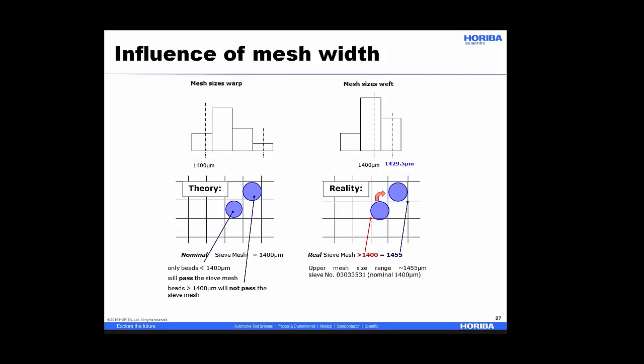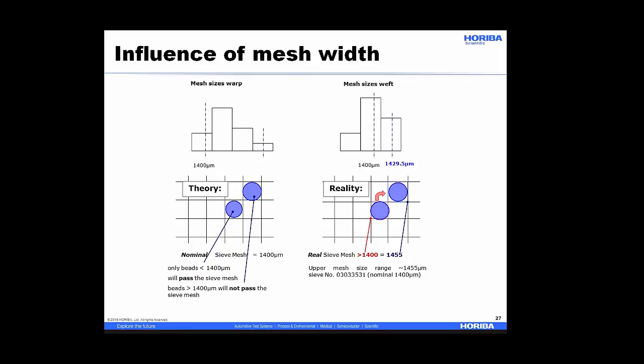So what that means is that these particles, if they're round and they find a hole through which they don't fit, they're going to move over to find a hole through which they do fit. So this particle just slides up and to the right and drops through the bigger hole and moves down the stack.